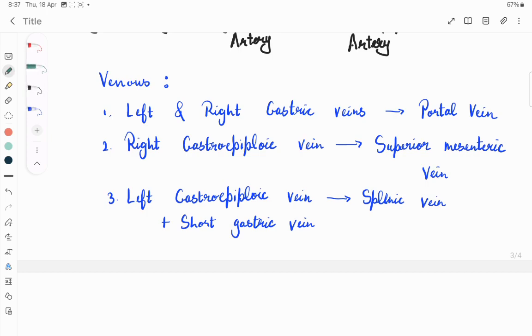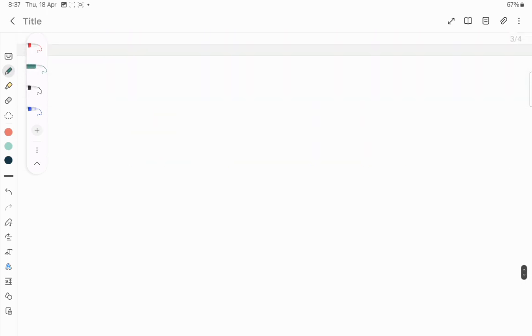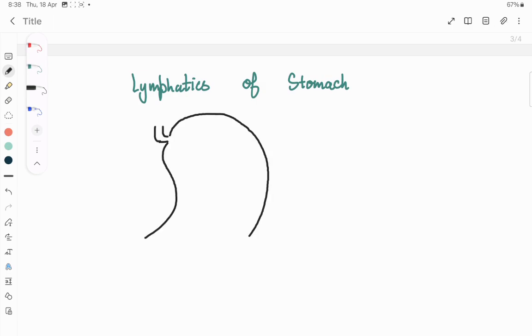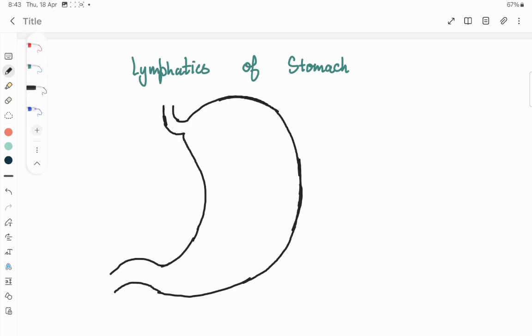So next we talk about the lymphatics of the stomach. So for the purpose of lymphatics, we divide the stomach into parts.